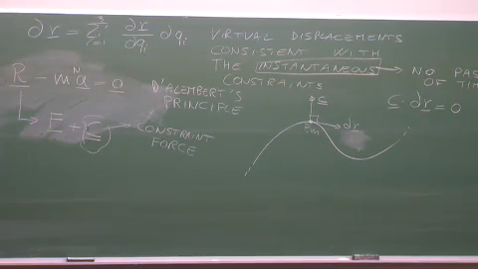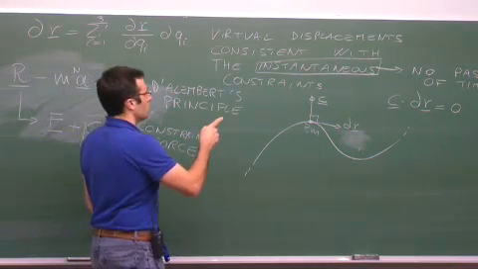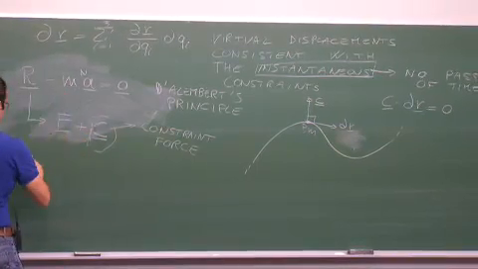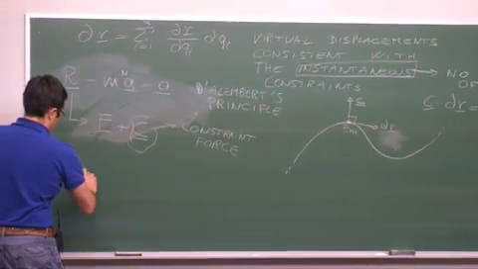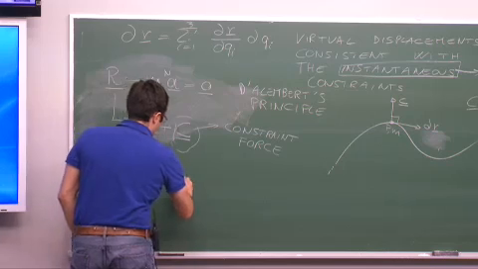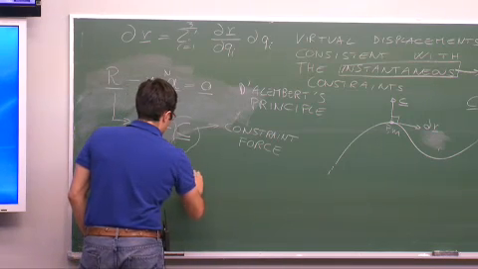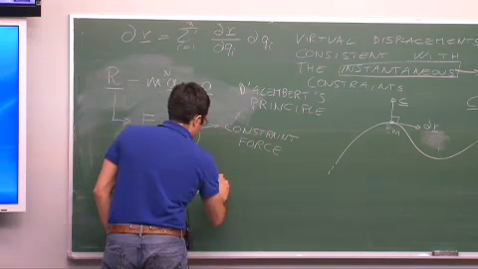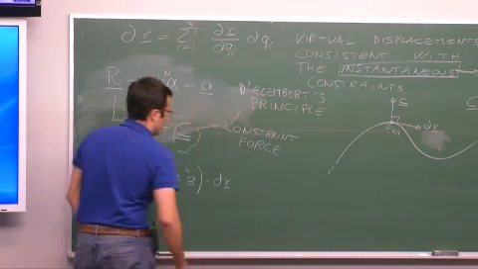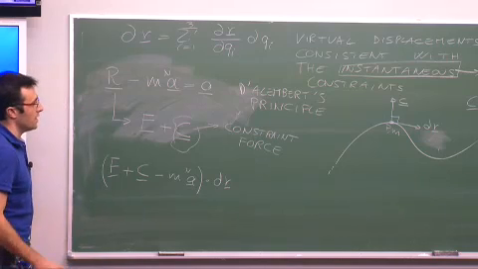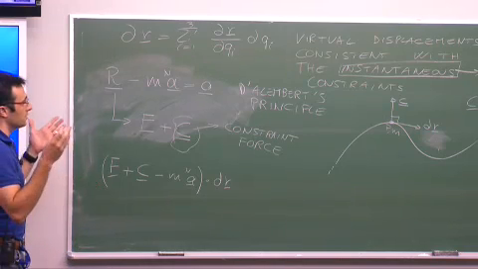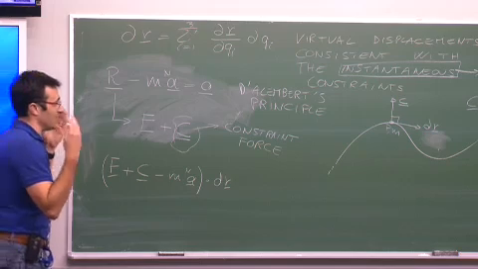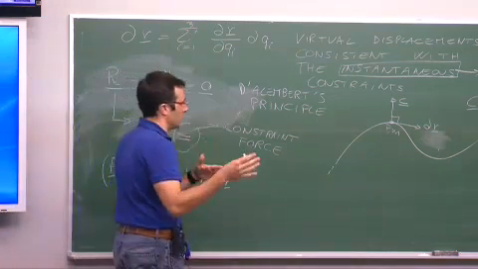Okay, does it make sense? And so with that in mind, if I take this expression and I rewrite it like this, F plus C minus M A N, and I dot it with a virtual displacement, again, this is something that occurs without the passage of time, it is the motion of your particle which is consistent with whatever is the constraint at that time. If the constraint changes another time, I don't care.